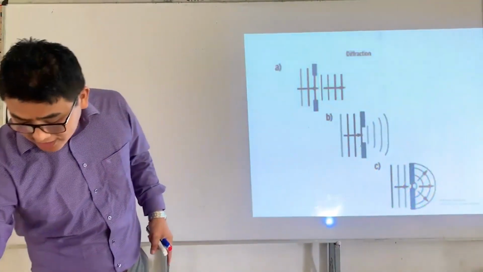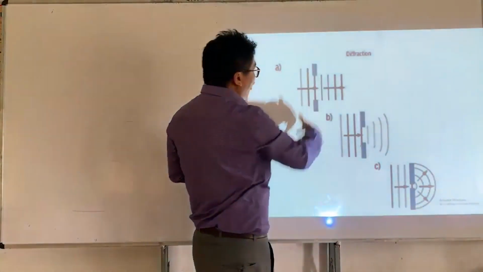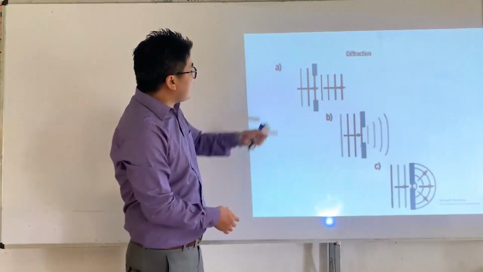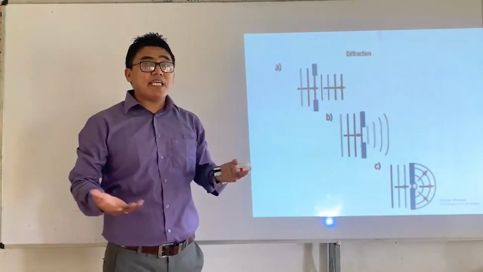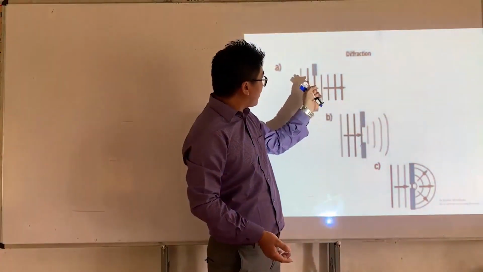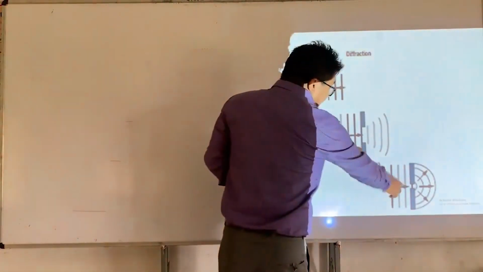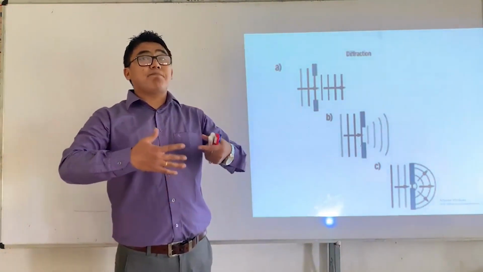Now look at this. The spreading of light depends on the size of the slit. If the size of the slit is a little bigger, the spreading is less. This slit is a little smaller than this, so the spreading is a little more. Now in C, the size of the slit is very, very small, so the spreading is much greater.